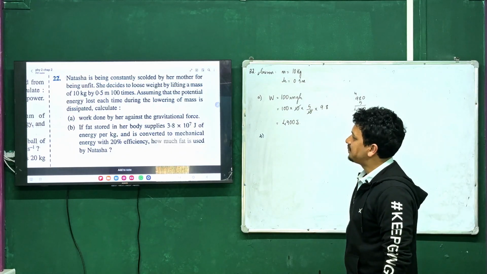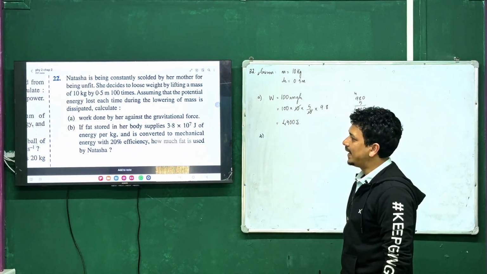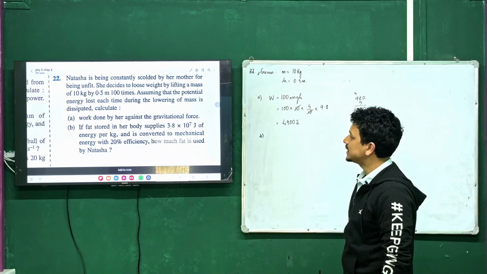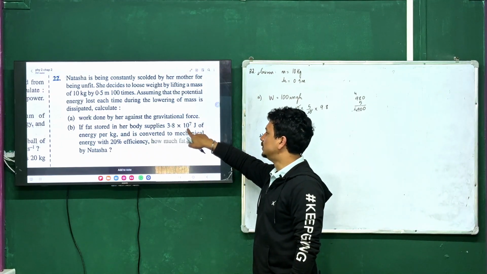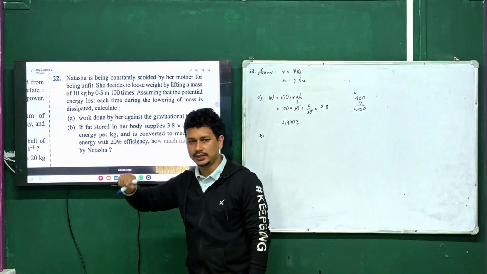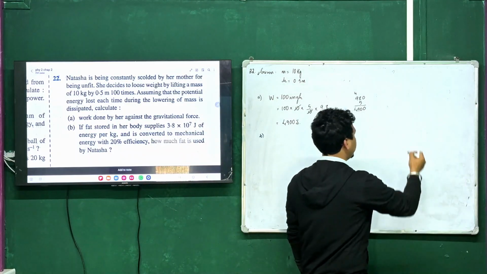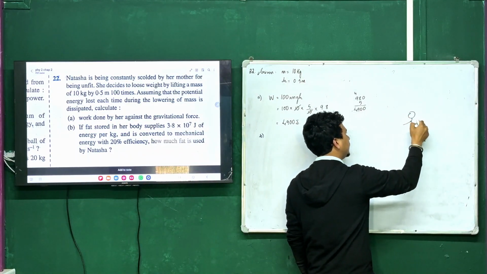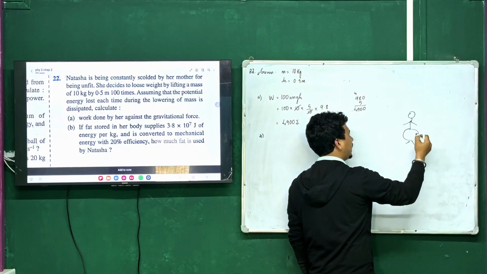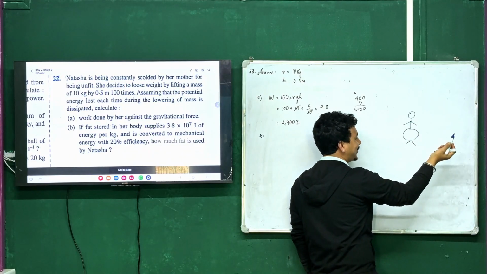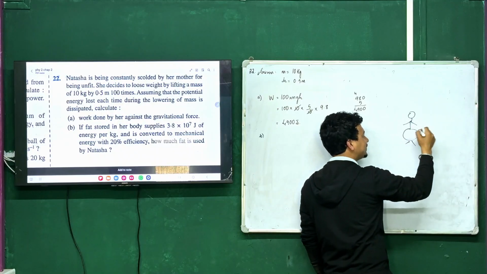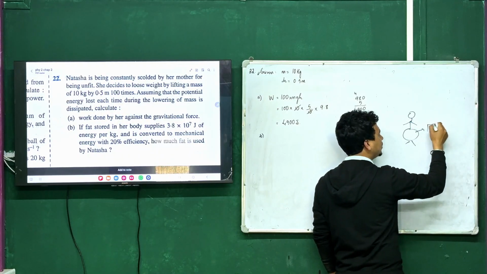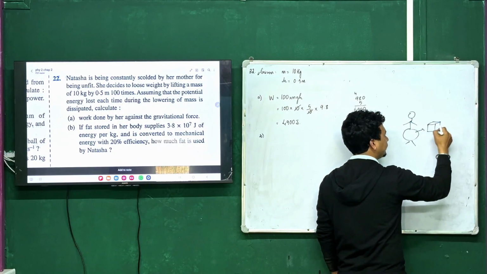This part is interesting. If fat stored in her body supplies 3.8 into 10 to the power 7 joules of energy per kg. What does that mean? See, Natasha, she's fat, right? That's what the question says. Why is she fat? Because in her body she has lots of fats.